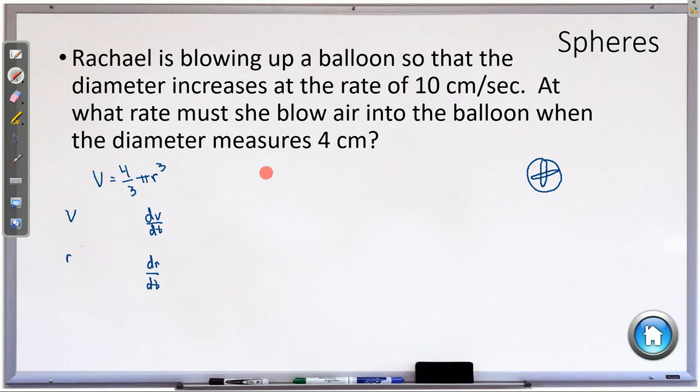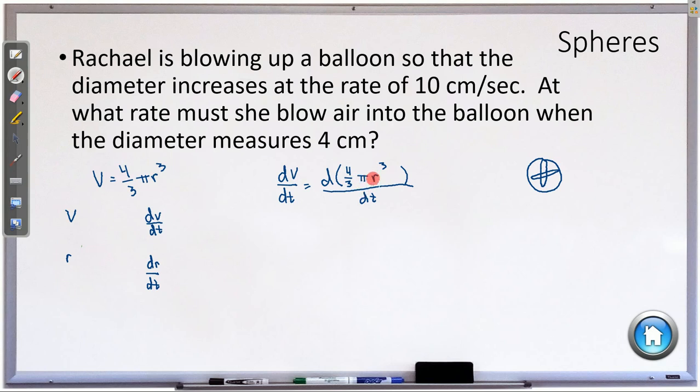So when I take the derivative of both sides, I'm going to have the derivative of V on the left and the derivative of 4/3 pi r cubed on the right. And so this one's much easier because this does not require a product rule. We only have one variable over here on the right side.